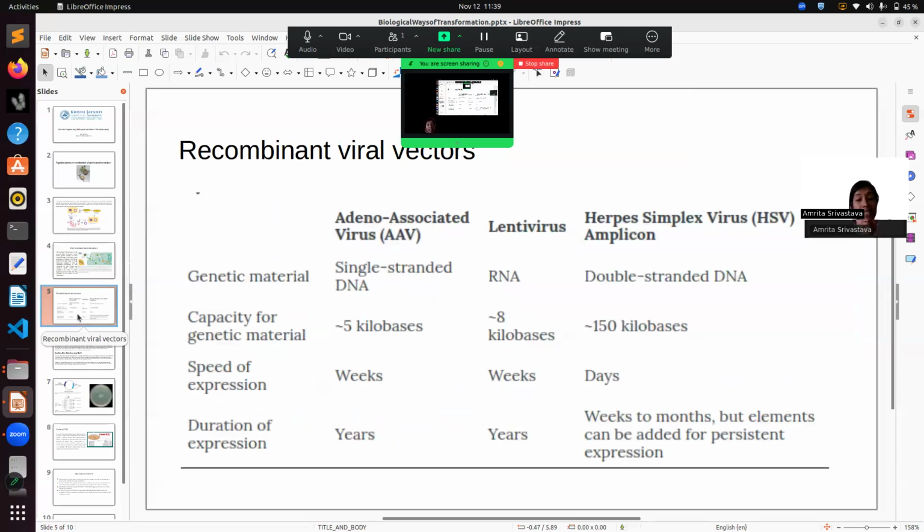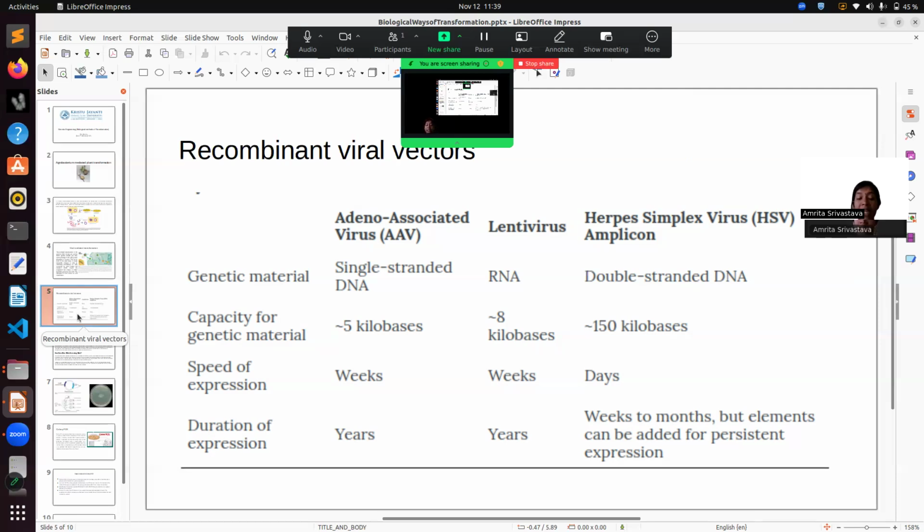There are various viruses that are known to carry out this function: adenovirus, lentivirus, herpes simplex virus, and each of these viruses has its own properties. For example, adeno-associated virus is a single-stranded DNA virus, whereas herpes simplex virus is a double-stranded DNA virus, and lentivirus is an RNA virus.